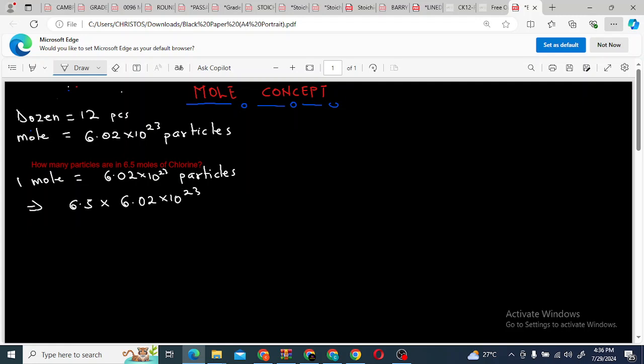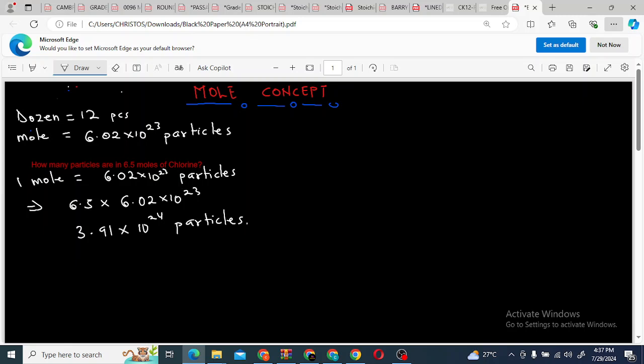And that gives us 3.91 times 10 to the power 24 particles. Does this make sense to you?